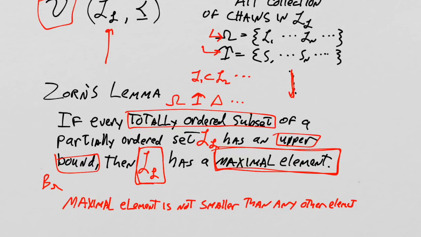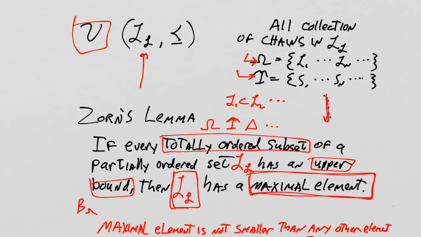That means there's a maximal set of independent vectors that is larger than any other set of independent vectors. And that guy is going to be our basis, right? So this is proving that there is a maximal collection. There's always going to be some maximal collection of linearly independent vectors in this set of sets of independent vectors.